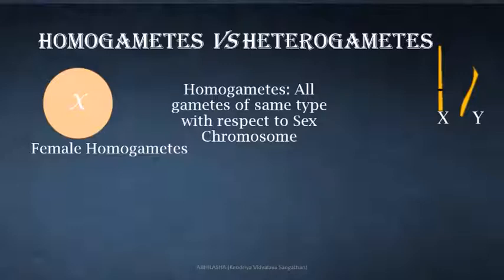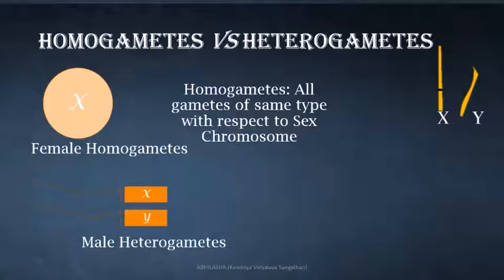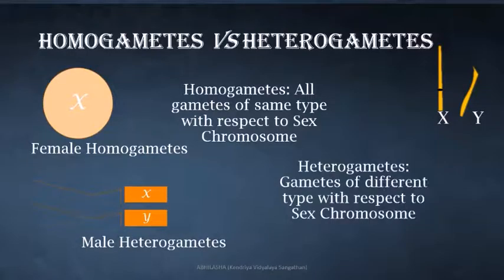The male gametes can be of two types, those with X chromosomes and those with Y chromosomes. So they are heterogametes. The situation can be reversed too. Male gametes can be homogametes and female gametes can be heterogametes. It depends on which organism we are talking about.